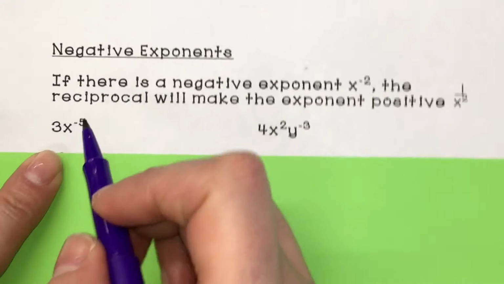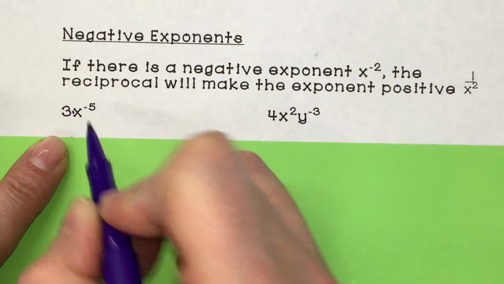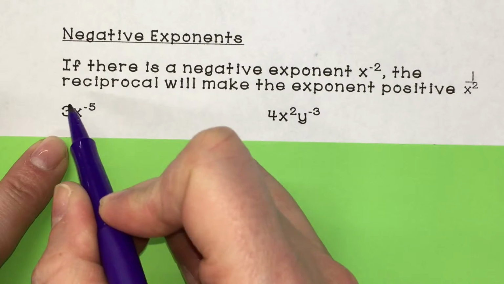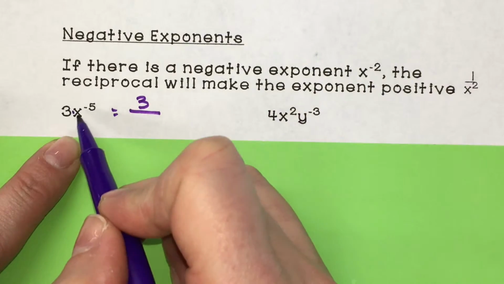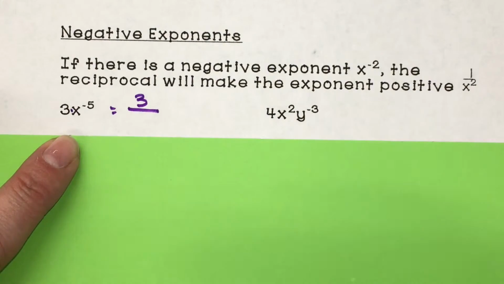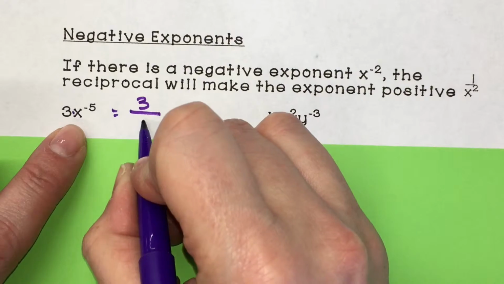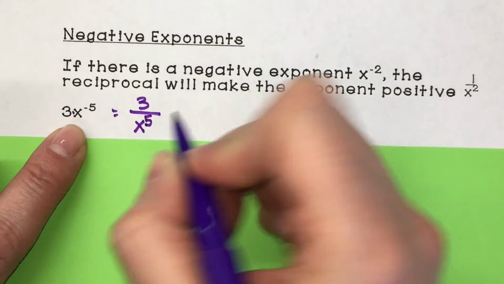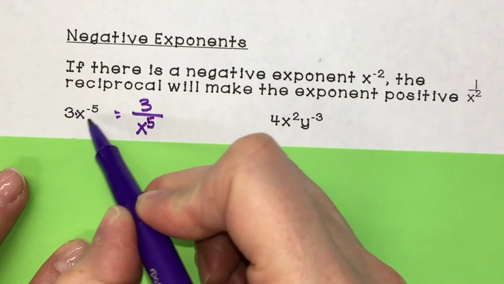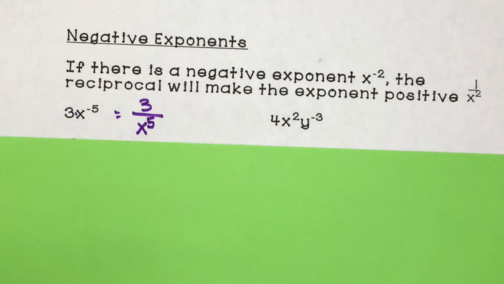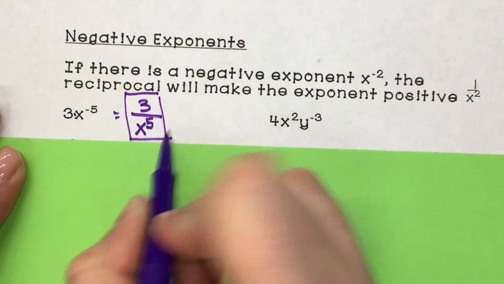If I have 3 times x to the negative fifth power, 3 doesn't have a negative exponent, so 3 stays where it's at. The x to the negative fifth you're going to flip over, to the other side of the fraction bar, x to the positive fifth. When just the part with the negative exponent moves to the other side of the fraction bar, it makes the exponent positive.